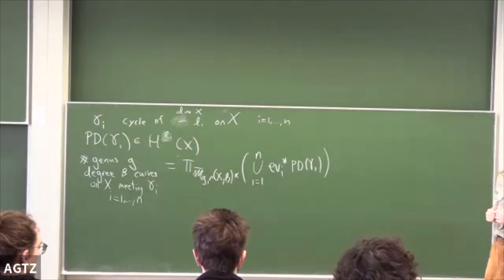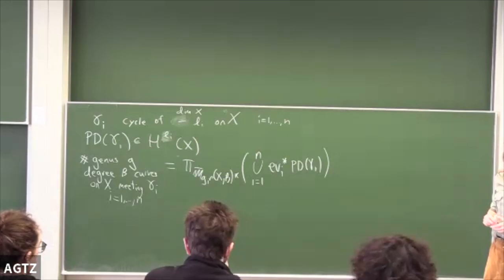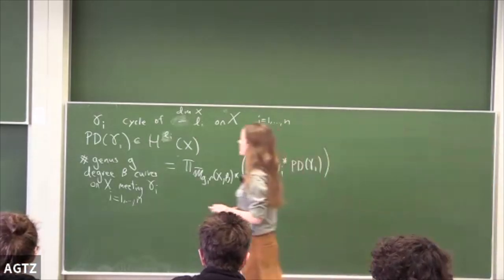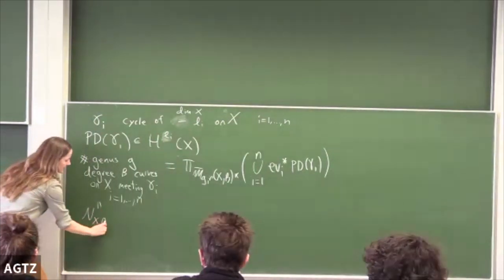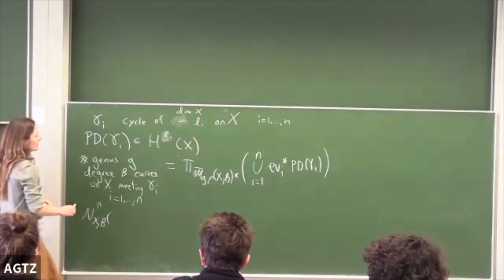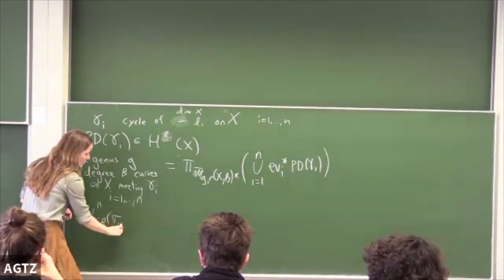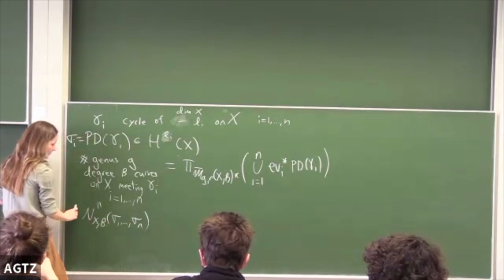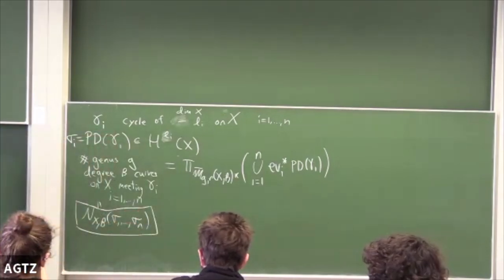It's got to meet those, and then we push it forward, and that's the number of such curves. So we'll call this N_{X,β}(σ_1, ..., σ_n), and those are our Gromov-Witten invariants. Okay.